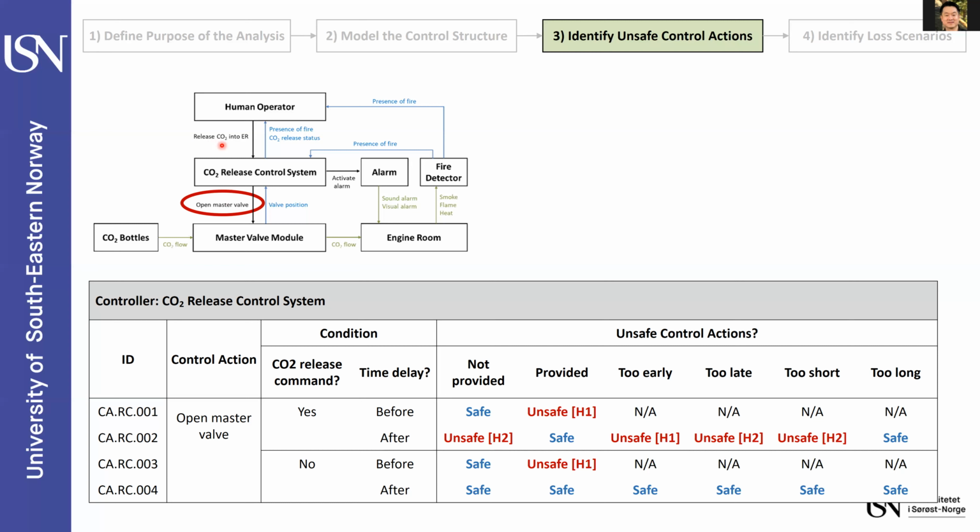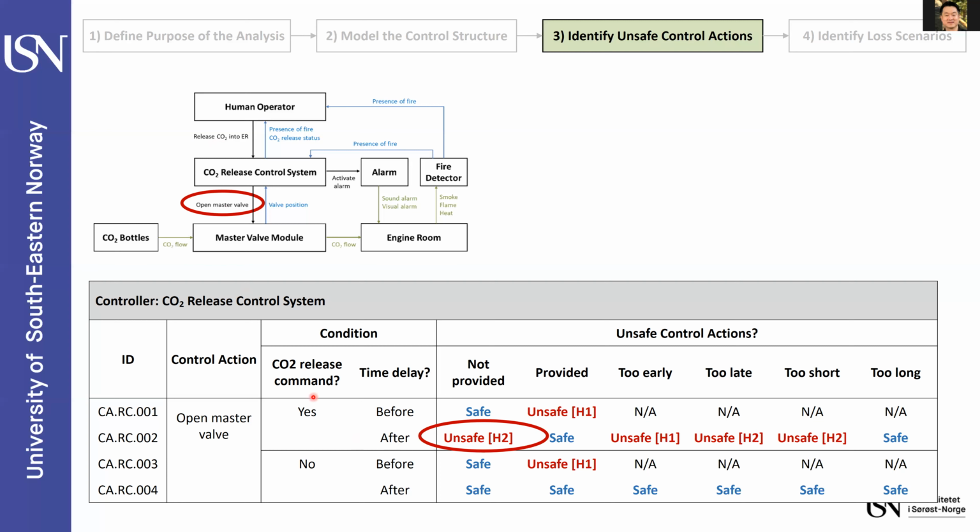If you check all these control actions, then you can identify all unsafe control actions from your system. Once you have identified all of them, you need to make a sentence for each of these unsafe control actions. I will give you an example using this case.